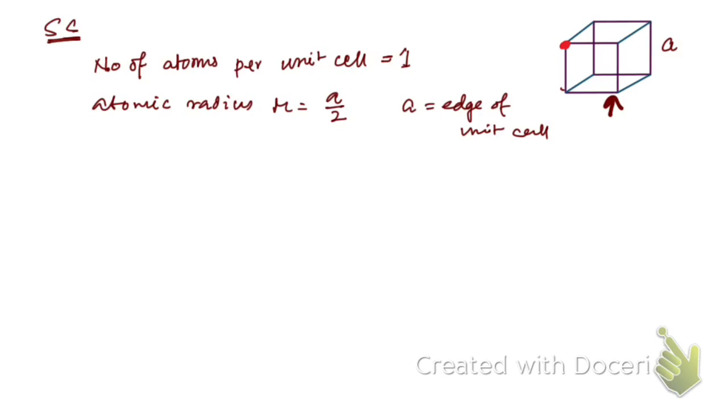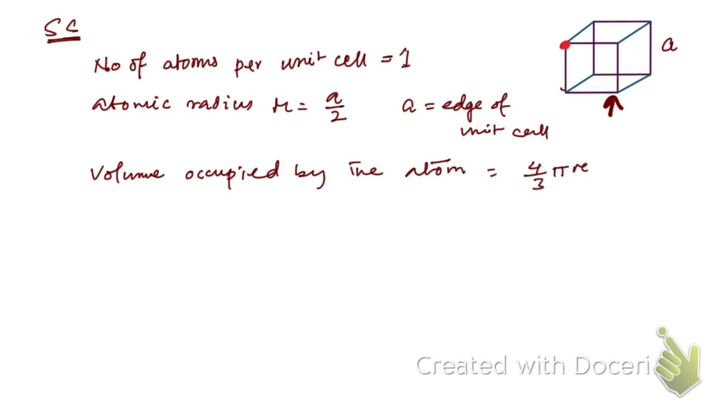So then volume occupied by the atom is going to be equal to 4/3 pi r cube. Only there is one atom, so it will be 1 into 4/3 pi r cube.